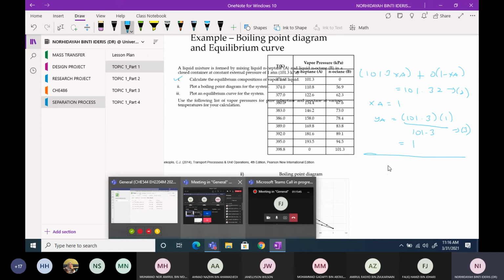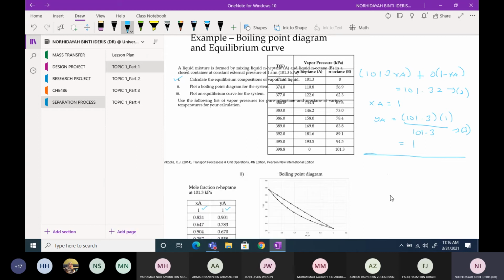Now you need to calculate for the second row. The vapor pressures are 110.8 and 59.9.